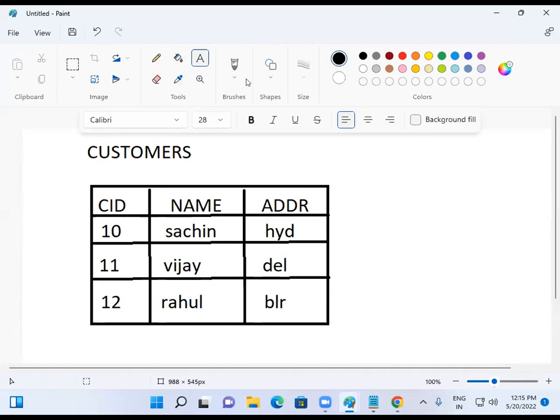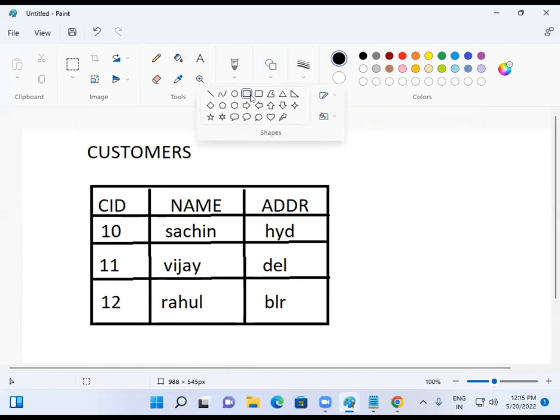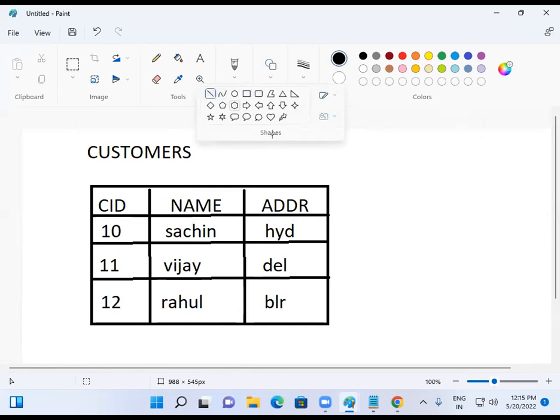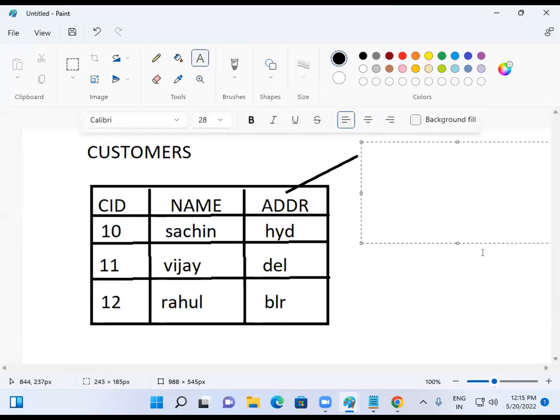So what are these verticals called? These verticals are called columns, or you can say fields, or you can say attributes.